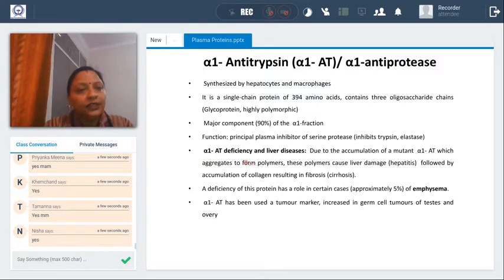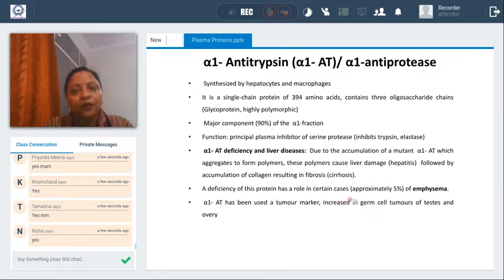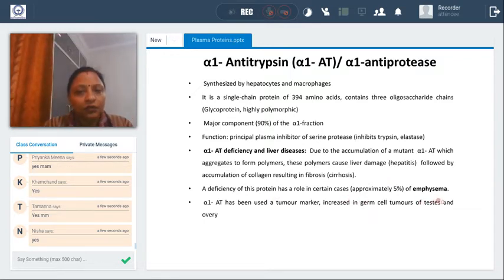Alpha-1 AT deficiency leads to liver diseases. A deficiency of this protein has a role in certain cases of emphysema. So it is important in emphysema and liver diseases. Its deficiency is very important in the case of liver diseases, liver cirrhosis, and emphysema. Alpha-1 AT has been used as a tumor marker, increase in germ cell tumor of testes and ovary.